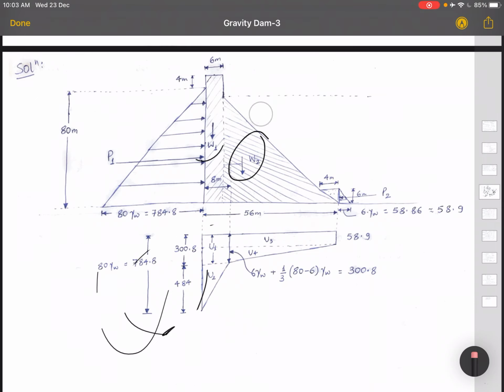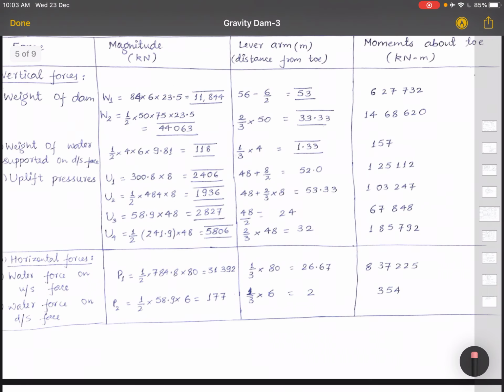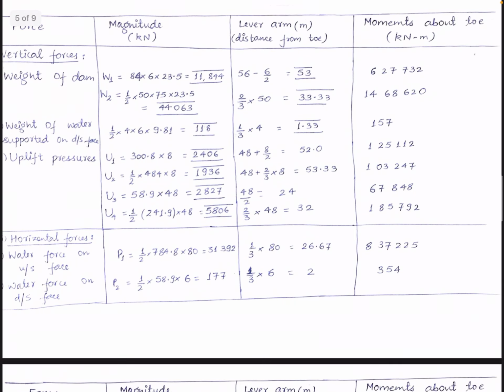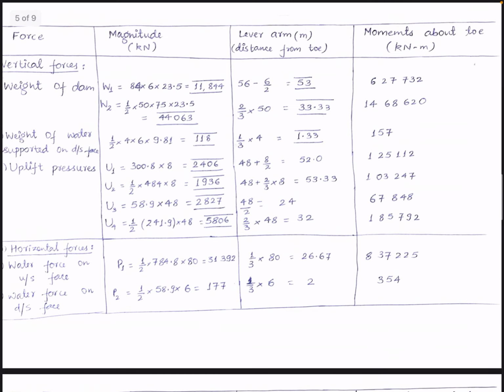So let me just show you in the tabular form how we have got these values. I would suggest you all to just draw this kind of table while solving the problems of gravity dams. So first calculate the vertical forces, then calculate the horizontal forces individually, and now we have to check for the sliding, and we have to check for the eccentricity also.